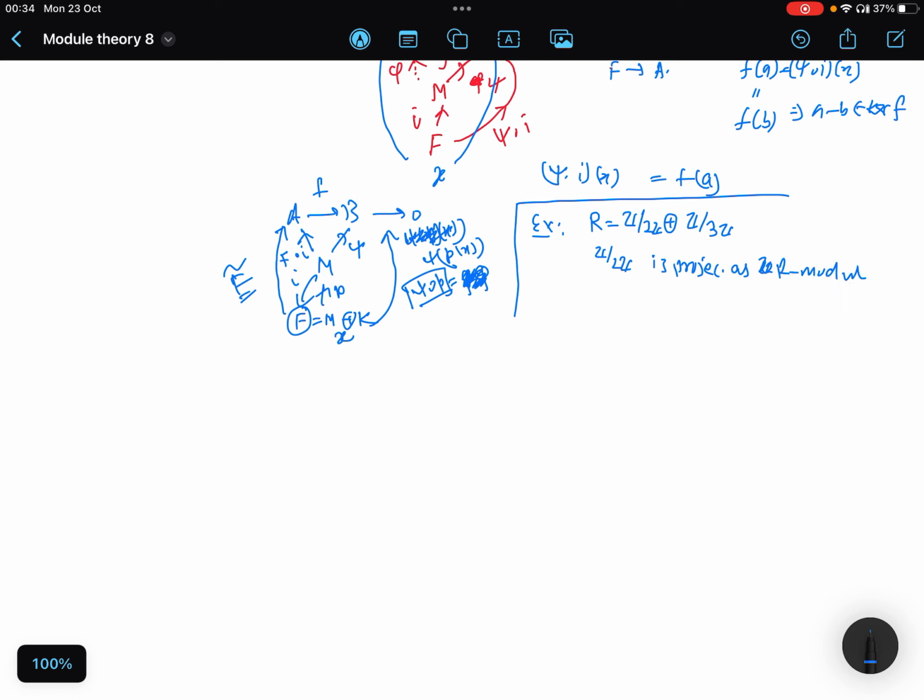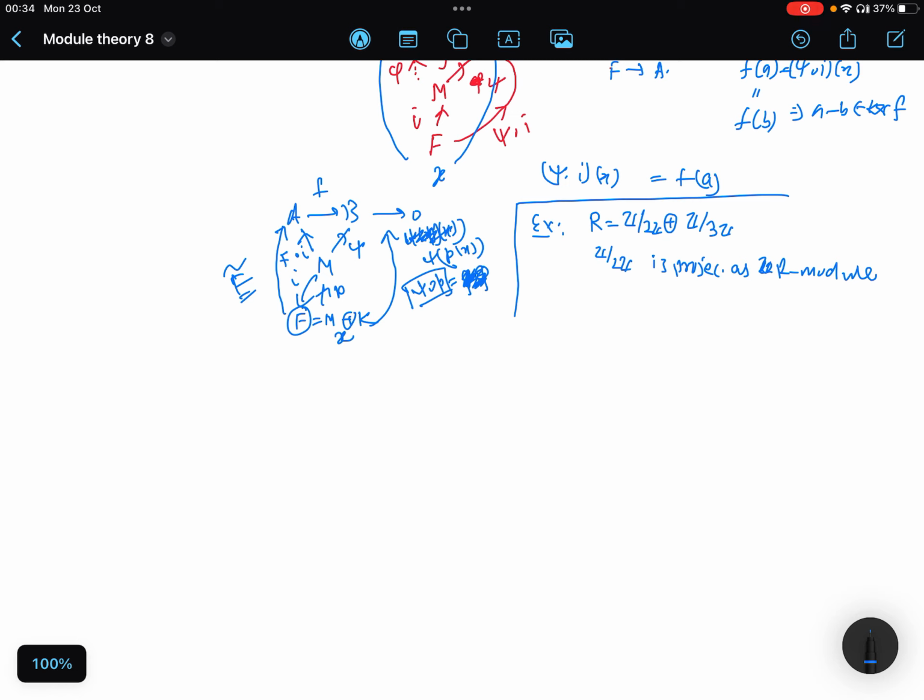Because it sits inside R. R as an R-module is free, in fact, because it's generated by one element. So both Z mod 2 and Z mod 3 sit inside R as a direct summand. That is from the definition of R.